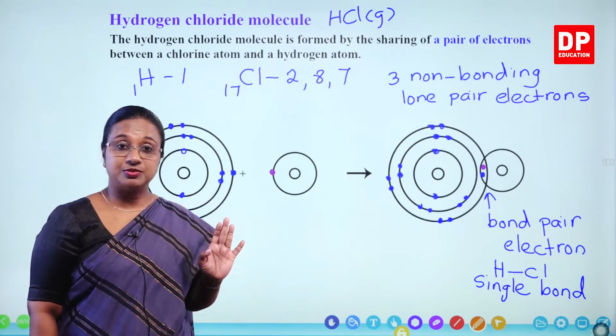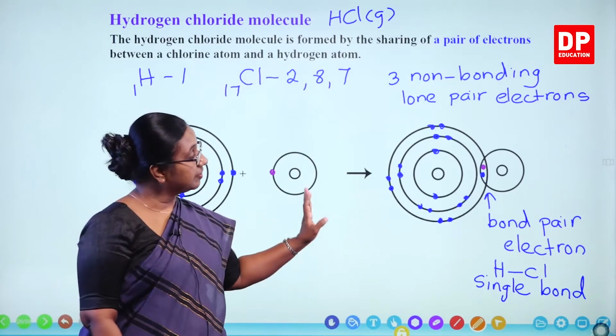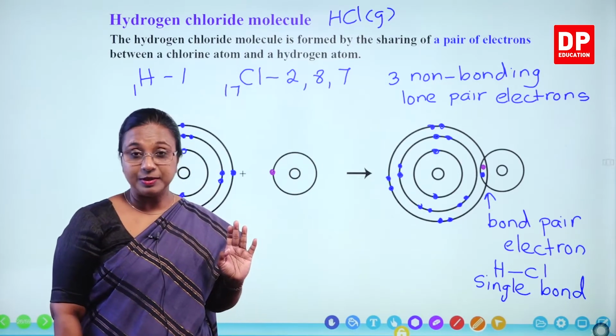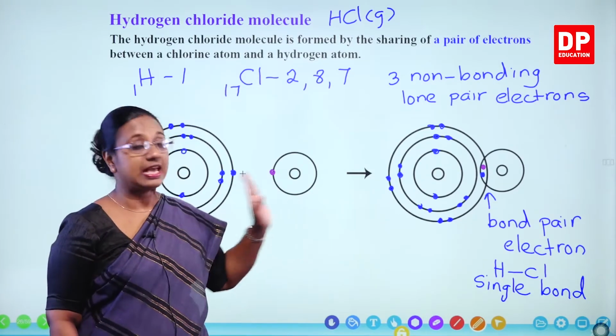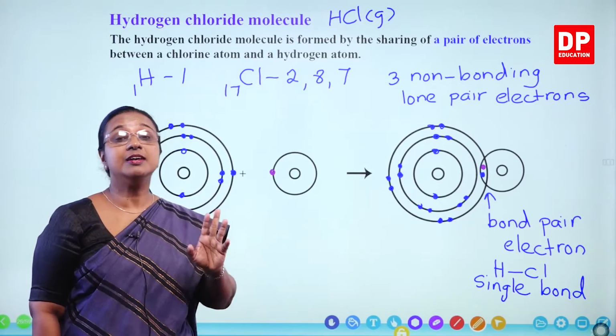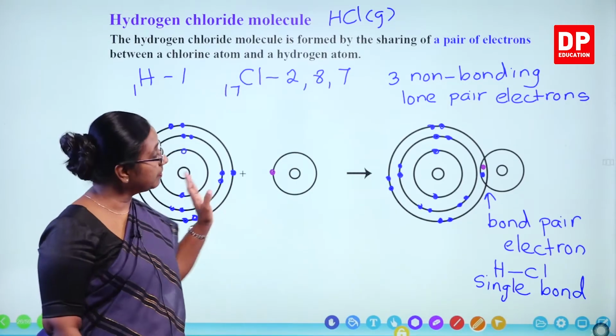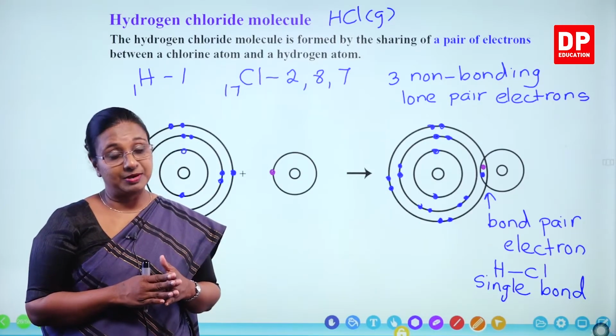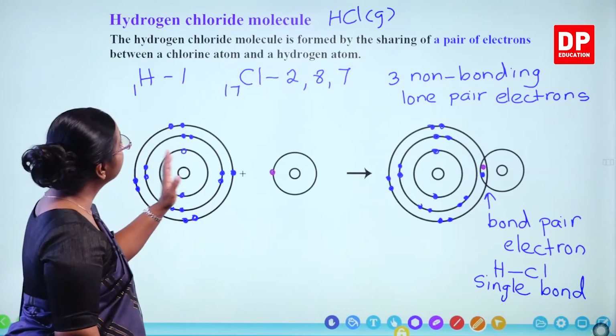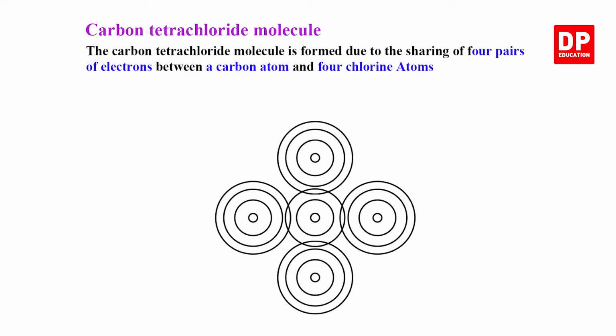Is that okay, students? So a compound that is a heteroatomic molecule. I am sure now you can understand how you should write the covalent bond formation between atoms of different elements or the same element. With that, I will move on to another example, carbon tetrachloride.